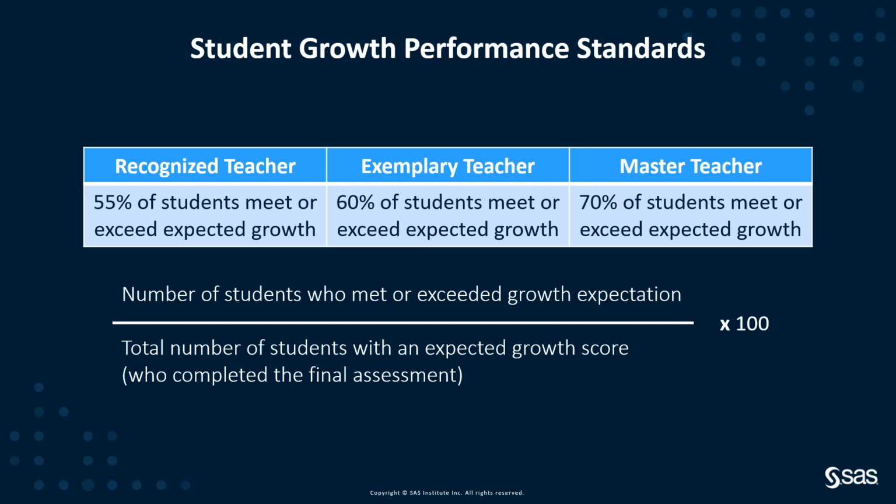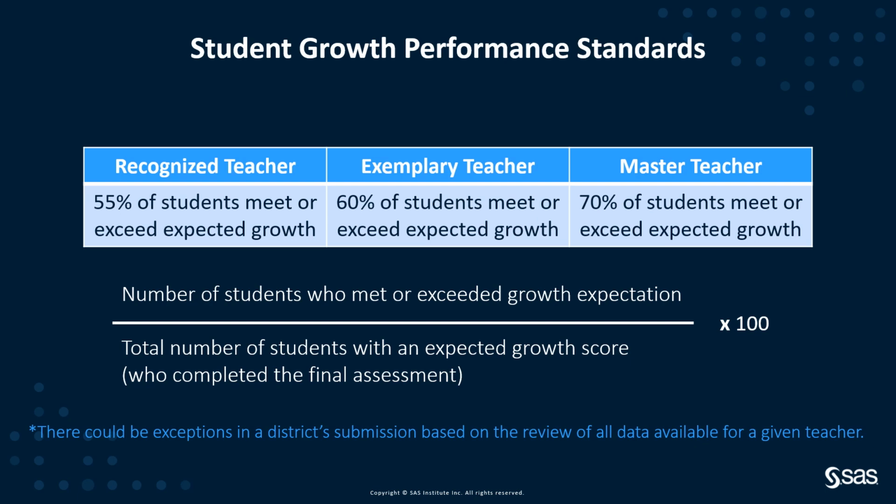The current standards displayed here represent the percentage of students meeting or exceeding expectations for teachers across the state using EVAAS value-added results. Teachers with each designation category will generally meet or exceed these thresholds, but there could be exceptions in a district submission based on the review of all data available for a given teacher.